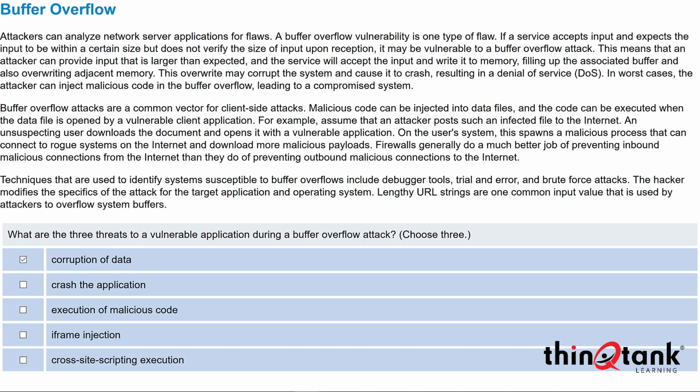We can definitely perform some sort of denial of service by causing an application to crash, and we can also execute malicious code by basically writing that malicious code into areas where execution takes place, replacing other code that normally would be executed as part of the everyday operation of that particular platform. Iframe injection has to do with web browsing, and cross-site scripting has to do with web browsing, and so that's not going to apply in this particular case.